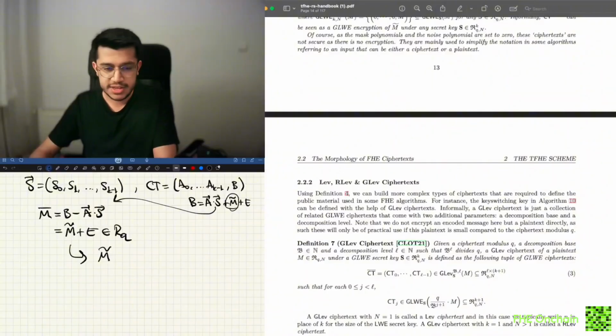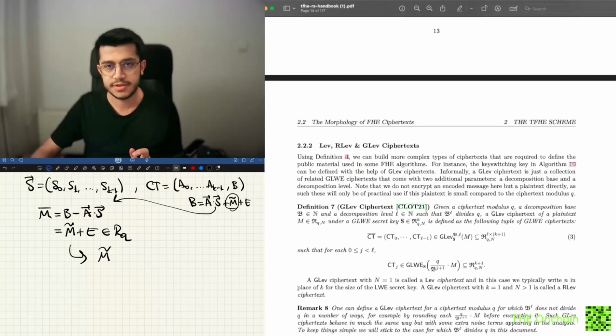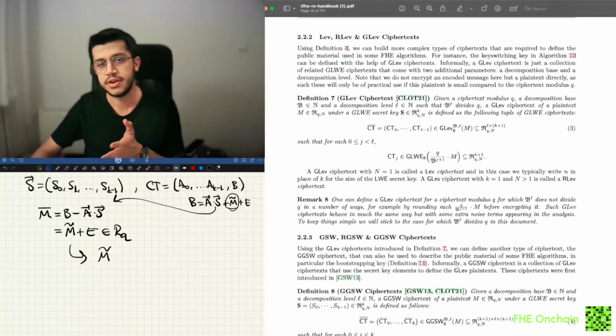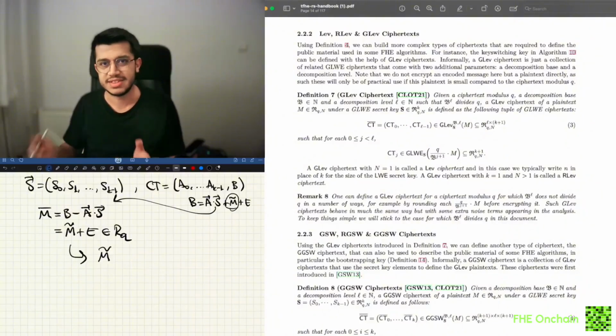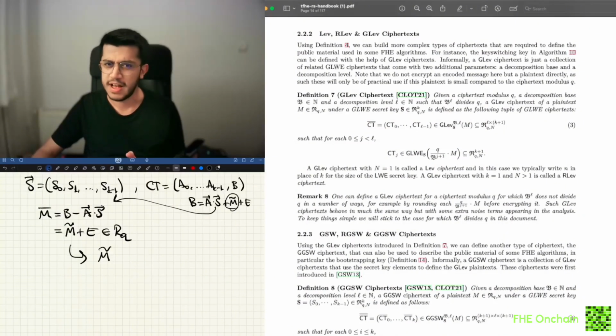Okay, we're coming into the tricky parts, because LWE ciphertext and GLWE ciphertext are relatively easier to understand, because they're vectors and polynomial vectors. But this Lev, I don't exactly know how I should pronounce it, but I'm going to say Lev or GLev.